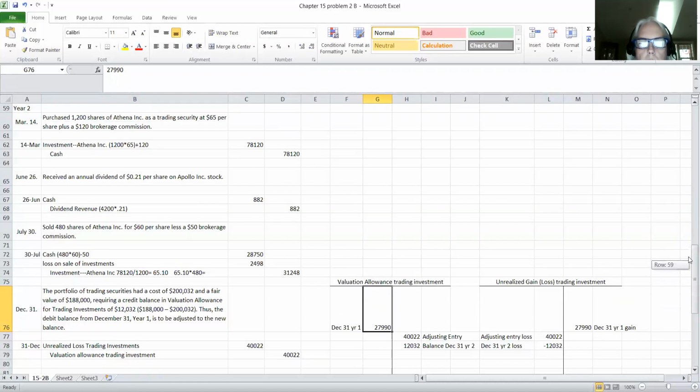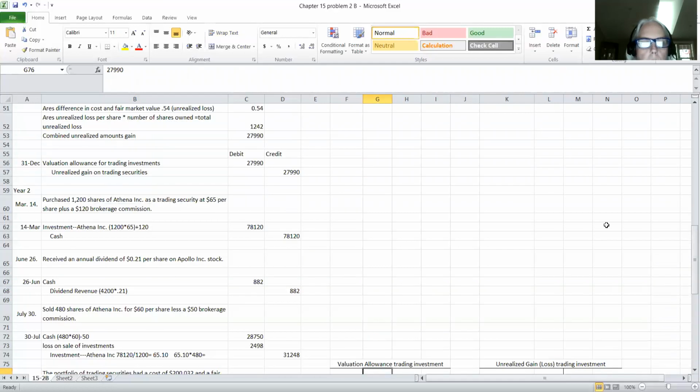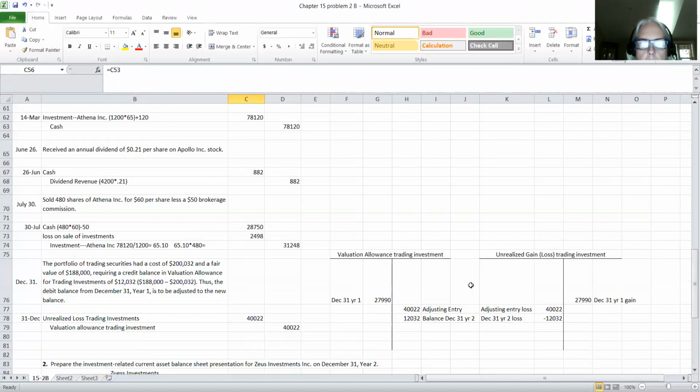In other words, right here, our valuation allowance was debited for $27,990 at the end of last year. And so that's what we're starting with as the beginning balance this year.